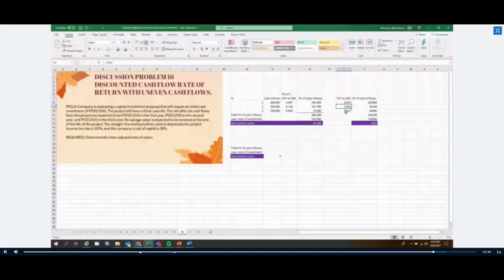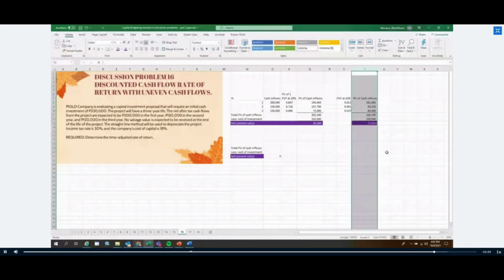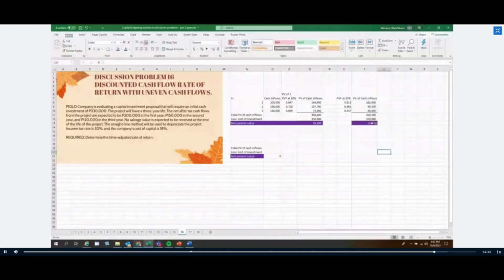So the present value of cash inflows will total 326,190. That results in a net present value of negative 3,810. But what we need to achieve is 0. So we have to try another rate.